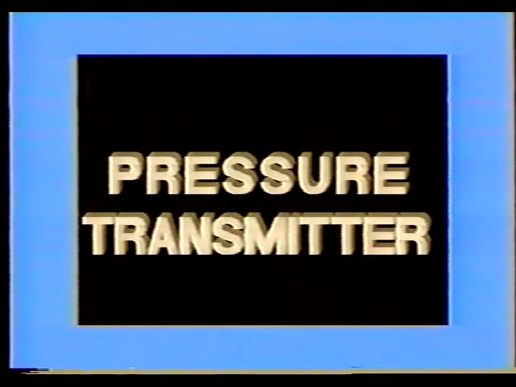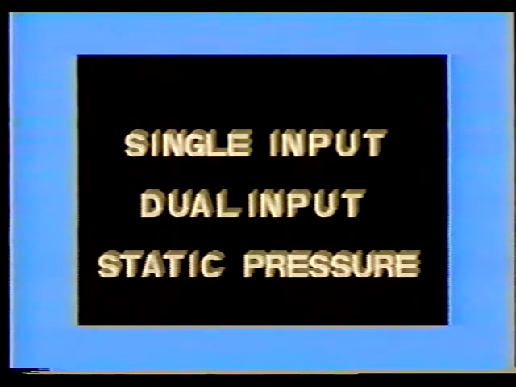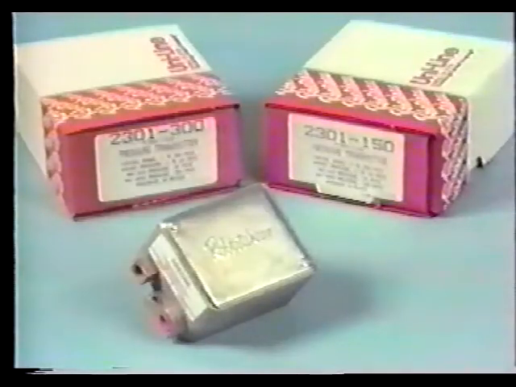The pressure transmitters fall into distinct styles. These are single input pressure transmitters, dual input or differential pressure transmitters, and differential static pressure transmitters. Shown here is our 2301 series pressure transmitter, providing sensing ranges from -10 to +300 psig within the various available models.